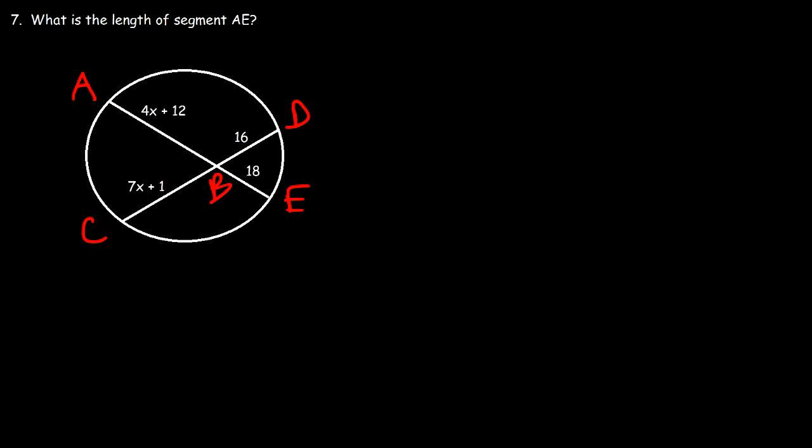Number 7, what is the length of segment AE? So in this example, we have two intersecting chords, and we have the values of each segment. So how can we find AE? You need to know that the product of the segments of the two intersecting chords are equal.